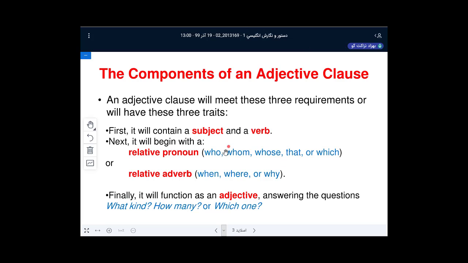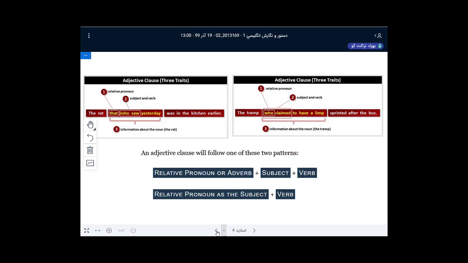So we should find an answer for these questions: what kind, how many, or which one. If we have these three traits or requirements, in that case, we can say that we have an adjectival clause which post-modifies a noun.